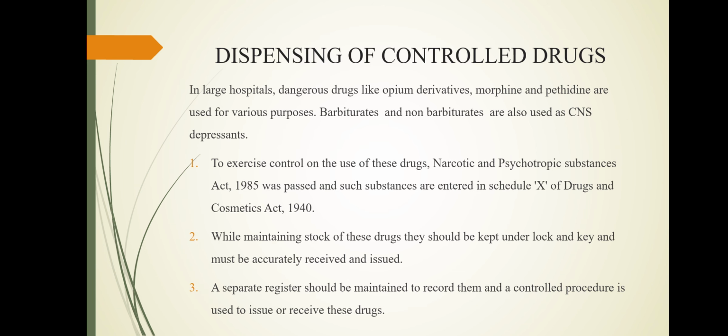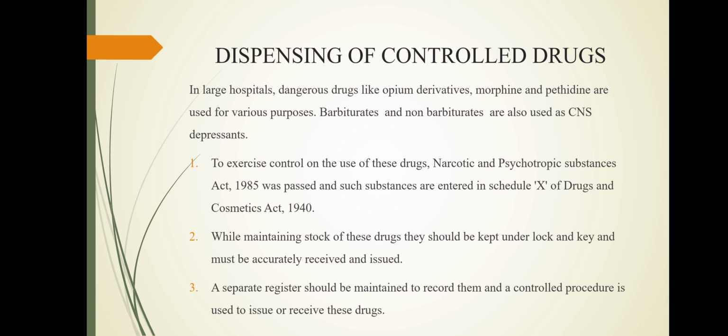Next is the dispensing of controlled drugs. The opium derivatives, morphine, pethidine, the barbiturates and non-barbiturates are the medications which come under controlled drugs or controlled substances. To exercise control on the use of these medications, they should be handled according to the Narcotic and Psychotropic Substances Act, or according to the Drugs and Cosmetics Act.